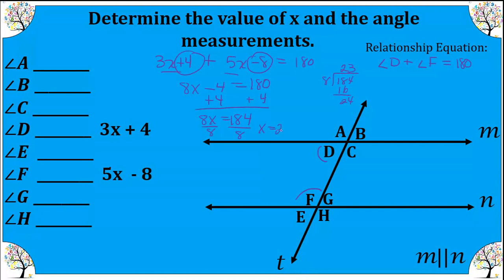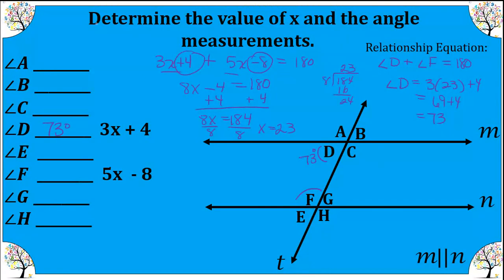Gives us 23. Excuse me. So now we can plug that in. I'm going to plug it in for angle D to get that measurement. 3 times 23 plus 4 gives us 73 degrees. So D is 73.